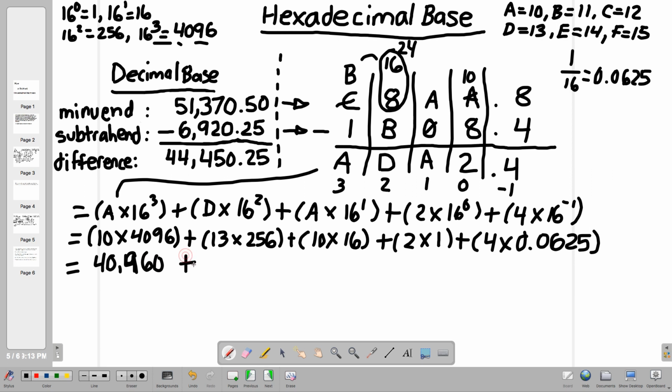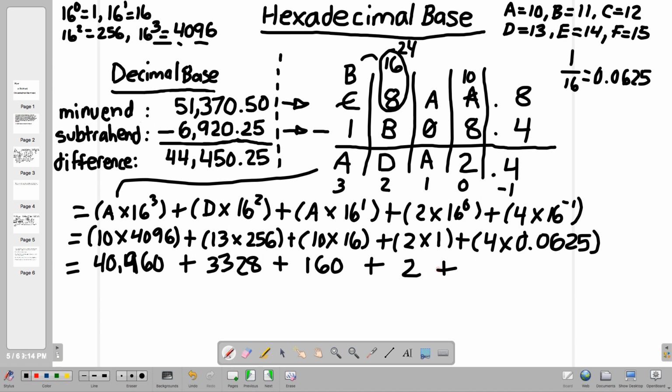And we got 13 times 256. That's the value 3328. And then we got 10 times 16 is 160. And then 2 times 1 is 2.